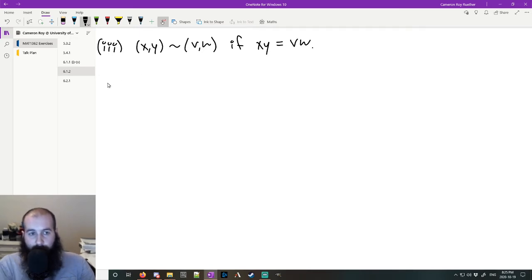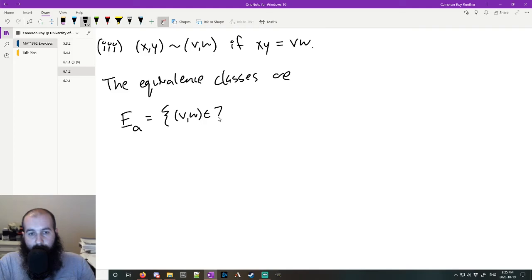So, by a similar argument, the equivalence classes are sets E_A, they're sets of pairs in our set Z cross Z, such that V times W is equal to A, and these are for any integer A.